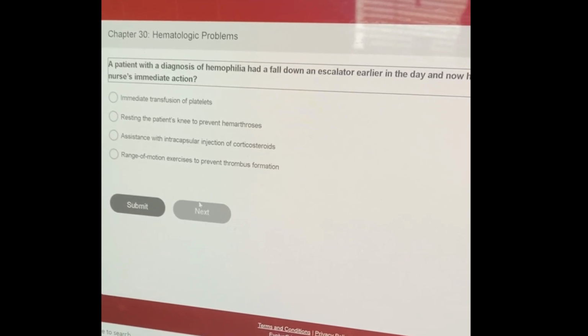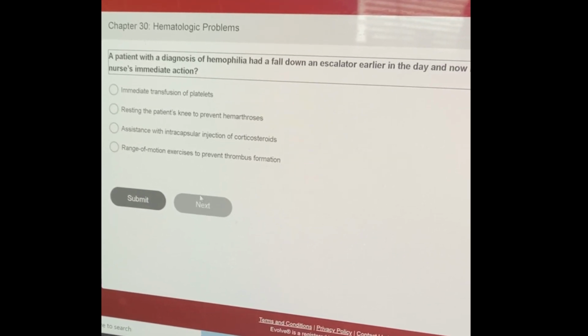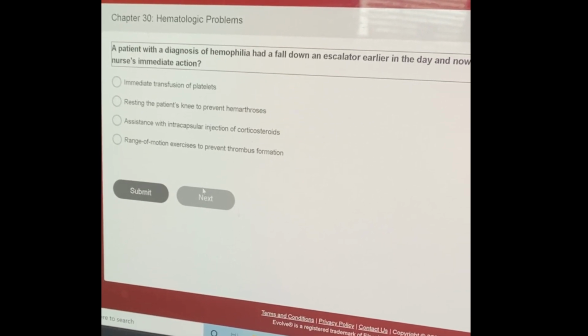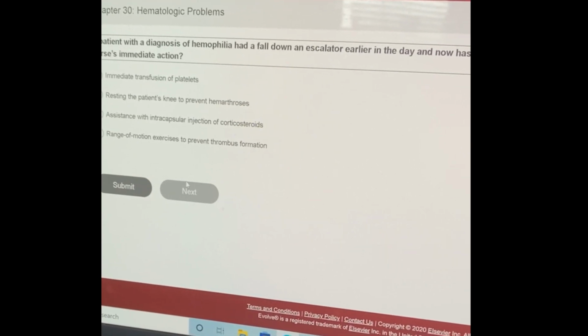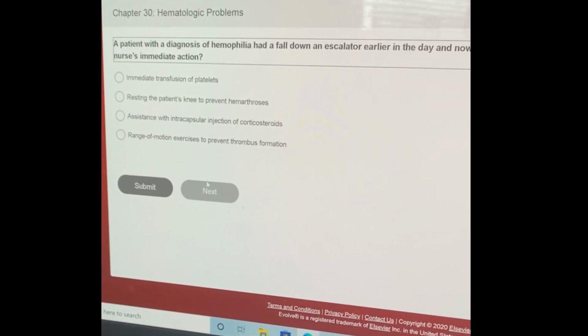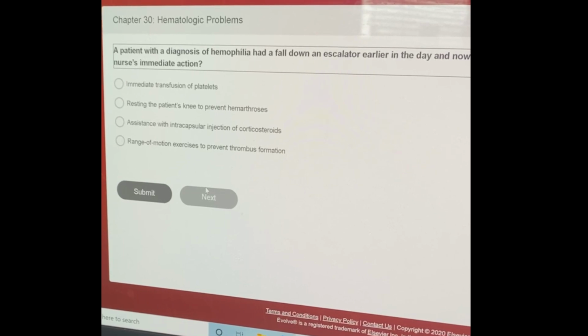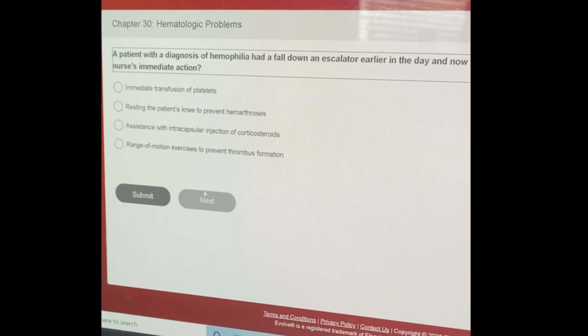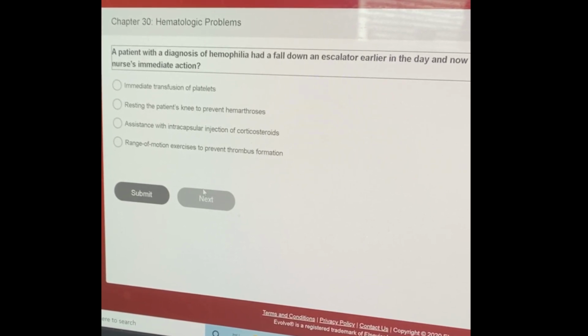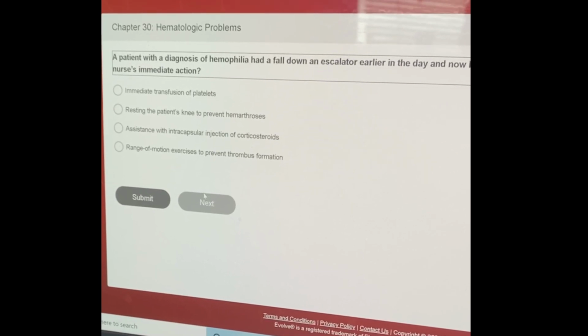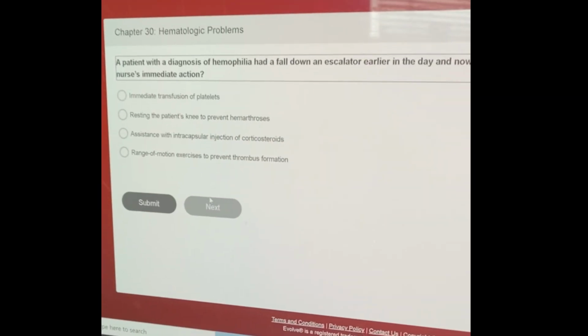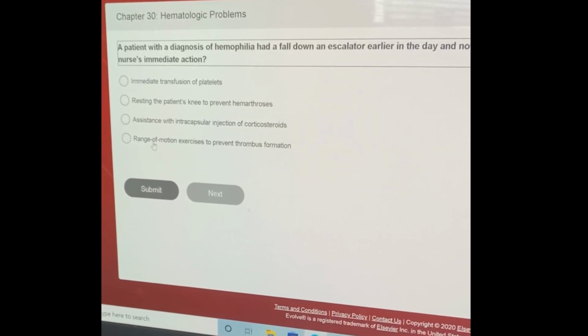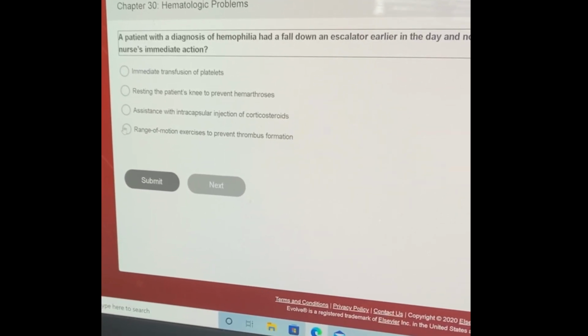If he's bleeding from the left knee, I don't think that wants an immediate transfusion, because it's not saying severe. I don't think it needs an injection, so it's between resting and range of motion. I would think range of motion to prevent thrombus formation. Let me go with that one, to prevent the blood from doing something. That's your final answer? Yeah, that's what I picked.